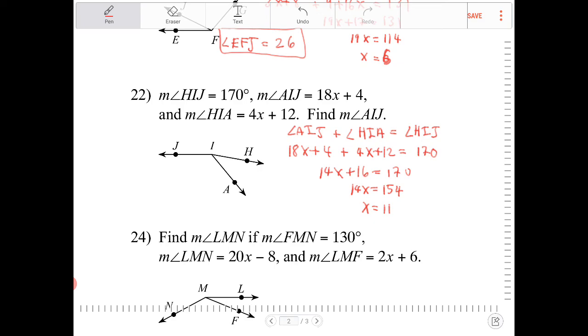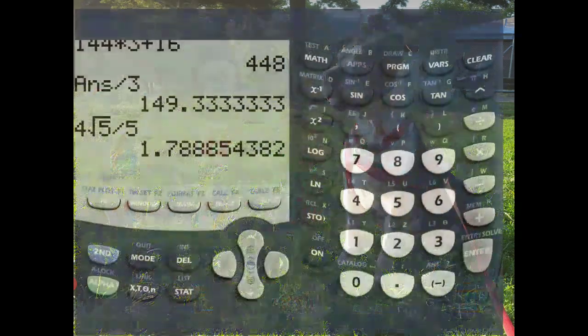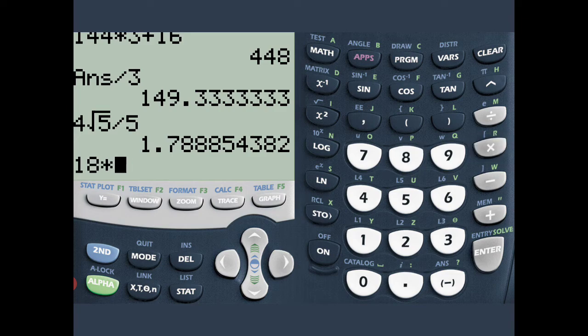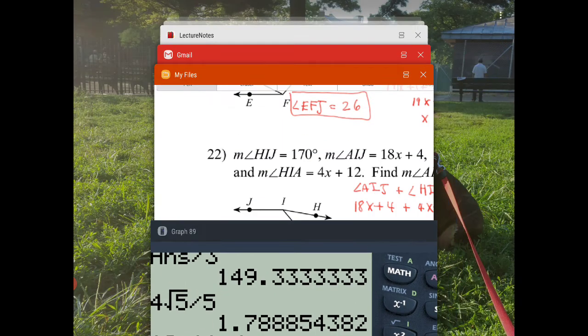And then I need to find out what AIJ is. AIJ is 18x plus 4. I don't know what 18 times 11 plus 4 is, so I'm just going to punch that in the calculator. So that's 202.